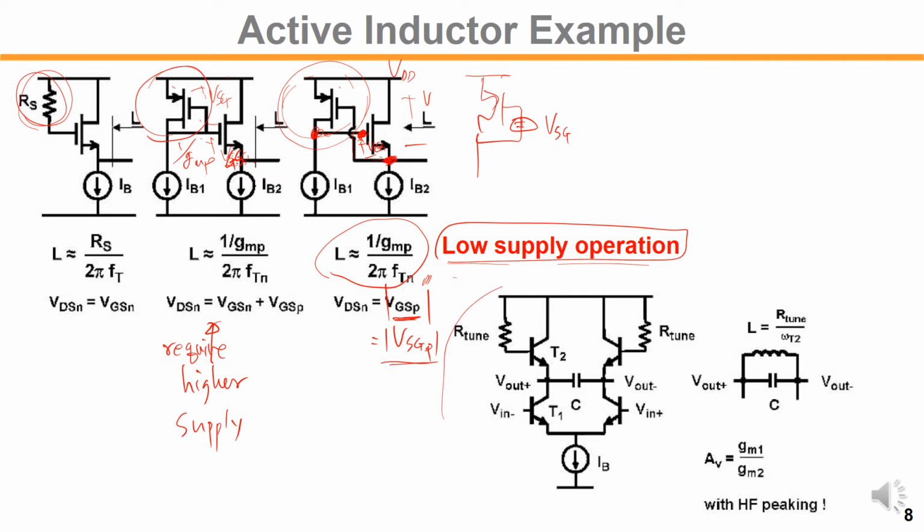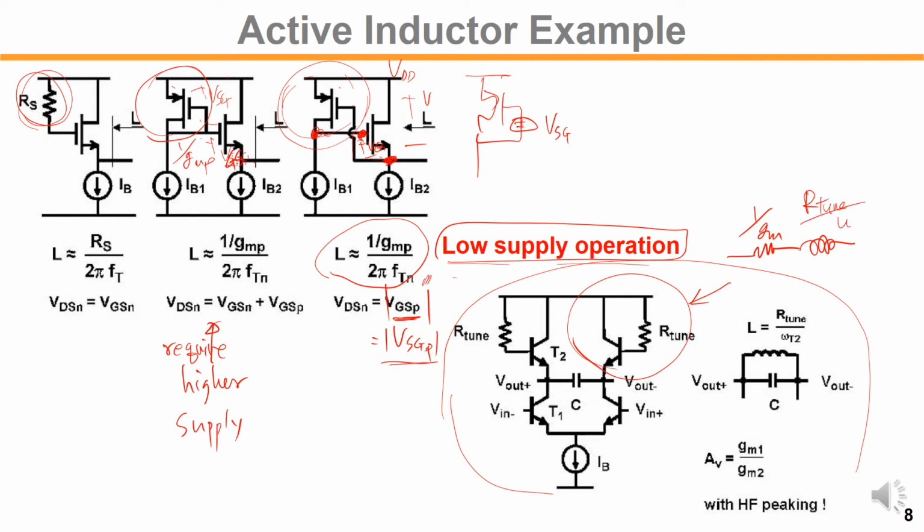On the right-hand side bottom, we have seen that before. This is a differential amplifier with LC tune. Equivalently, at low frequency this side is 1 over gm, and at high frequency in the midband we have an inductive component that is R tuned by omega T over omega T2.